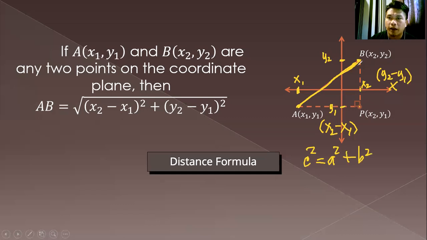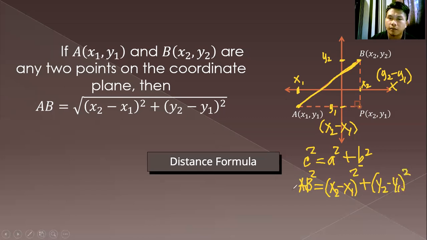Plug into our formula that AB represents our c, so that will become AB square, which is equal to our a, the difference between our x values, so that is x sub 2 minus x sub 1 square, plus our b, the y values, so that is y sub 2 minus y sub 1 square.